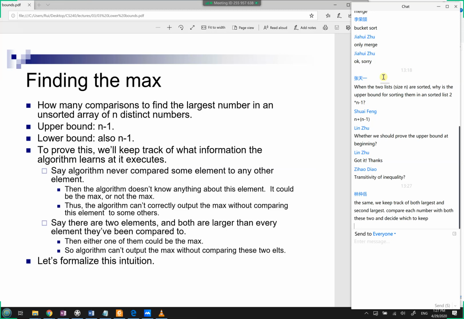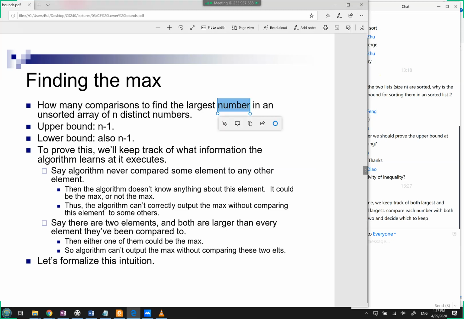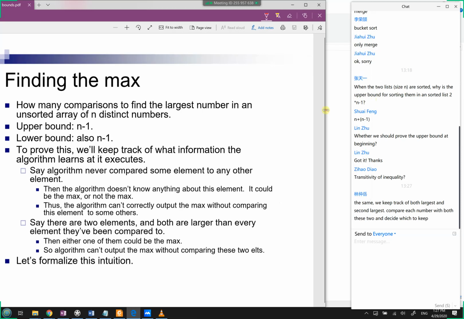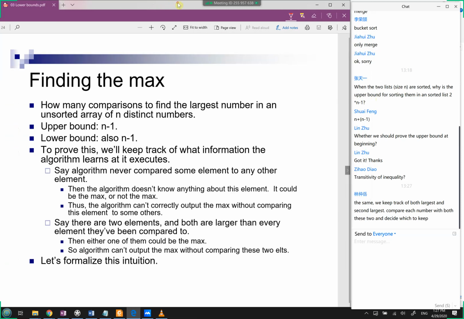Keep track of both the largest. Okay, all right. If I understand correctly what you're saying, suppose you have a big list of numbers. You're going to take your list and split it into two parts.